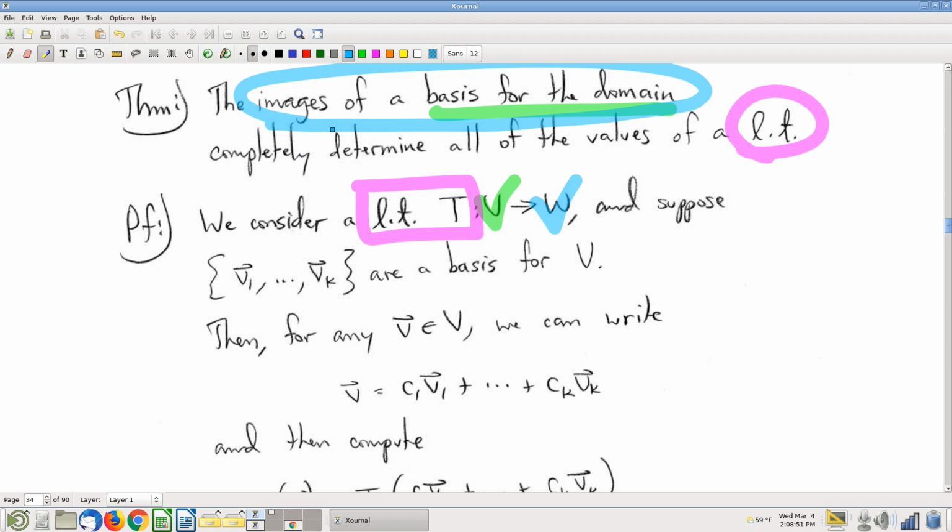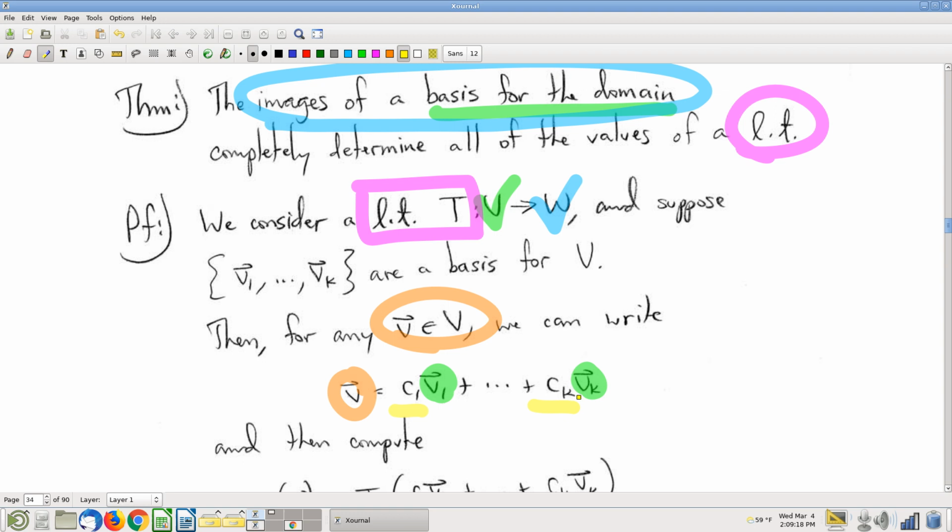Okay, so let me show you how to do this proof. There's really nothing to it. We're going to take advantage of the fact that every vector in that domain is a linear combination of the basis vectors. This was kind of the whole point of a basis in some sense, right?